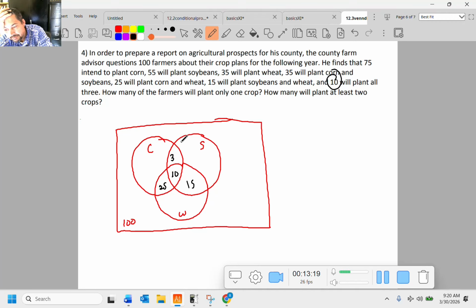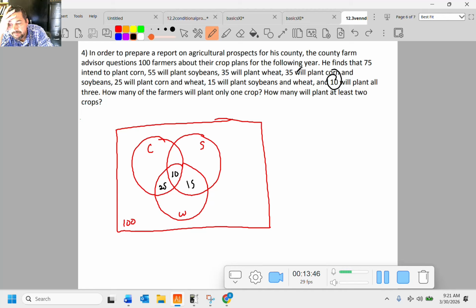Okay, so we got to be careful though. 35 will plant corn and soybeans. That's technically those 2 circles. 10's already accounted for. Almost made a mistake. 10 is already accounted for, okay?